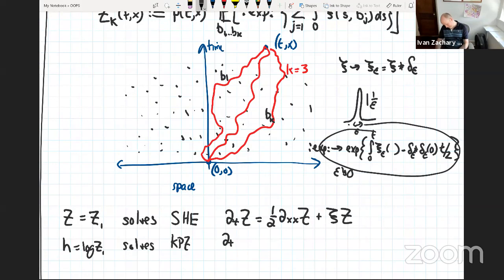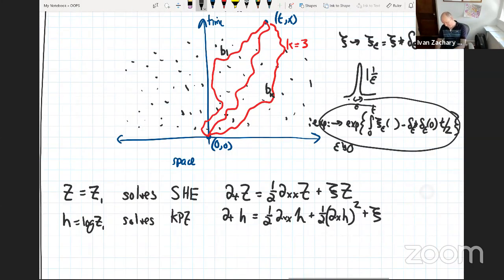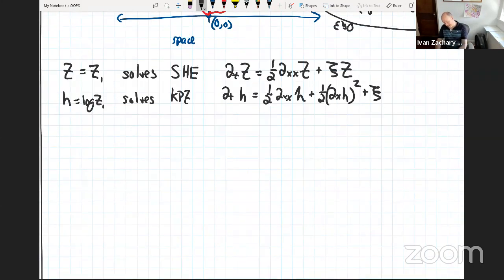which is a very well-studied model for continuum random growth. It's a Hamilton-Jacobi equation with additive white noise. The stochastic heat equation is a model that relates to directed polymers.